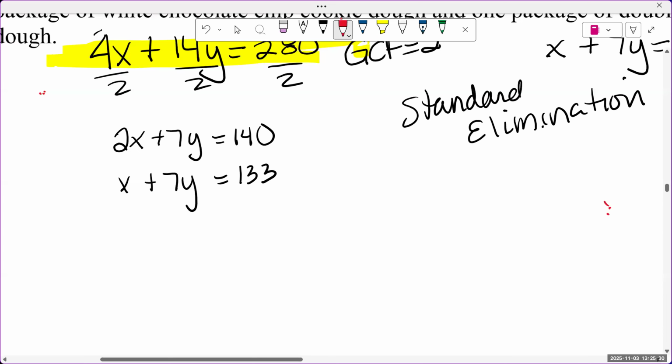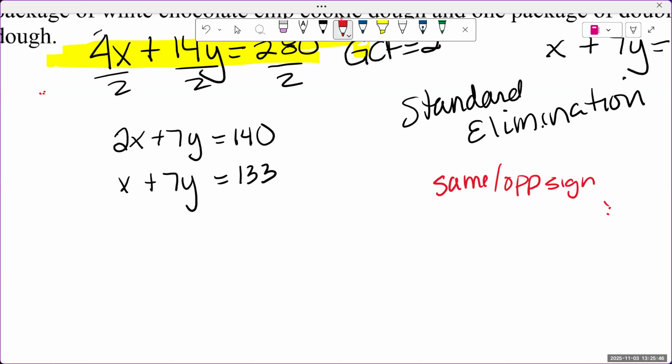The coefficient needs to be the same but opposite sign. So if I pick the x's, I'm going to have to multiply this by -2 to make it same but opposite. So I'm going to pick my y's. Look how nicely they match.